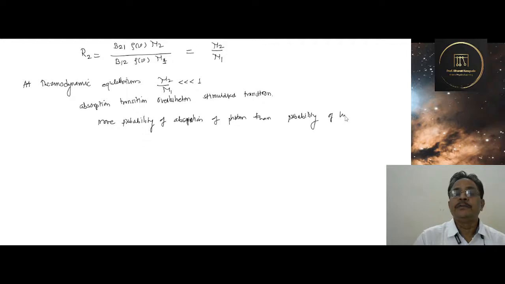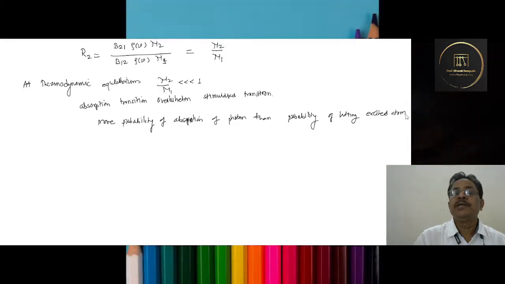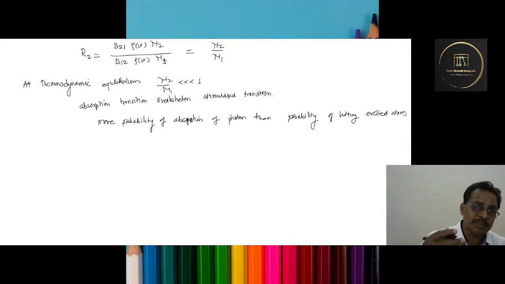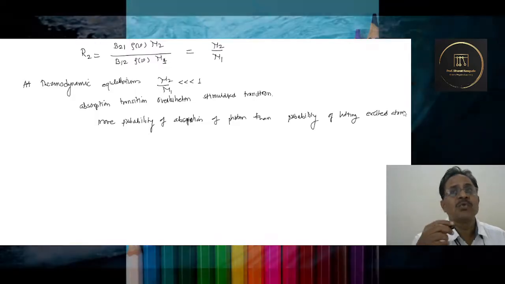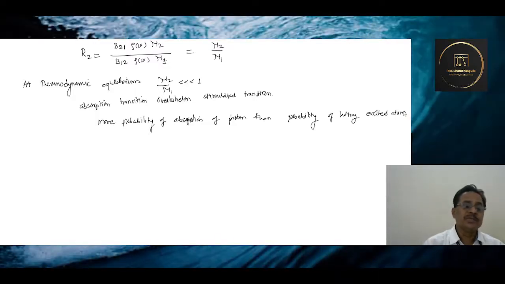Whenever it hits an excited atom, that will produce stimulated emission. But because N2 is much smaller than N1, most of the atoms are found in the ground state. So the photons will be absorbed rather than producing stimulated emission, and the chance of absorption is much more than that of stimulated emission.